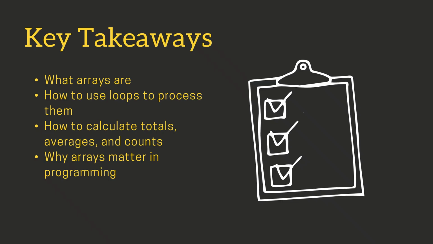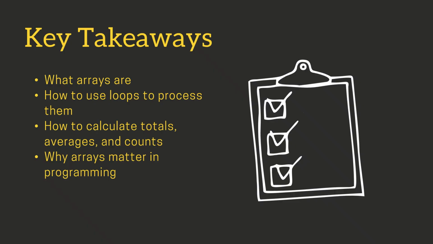So let's recap everything we've covered today. So arrays are what? A collection of related data items stored under one name. Each item in an array is accessed by an index.